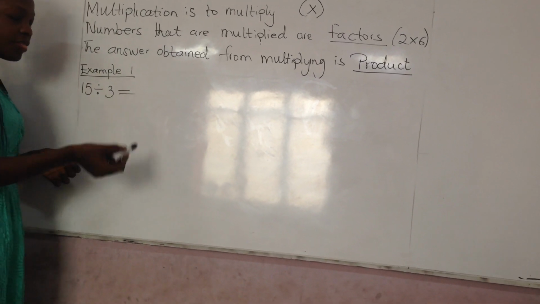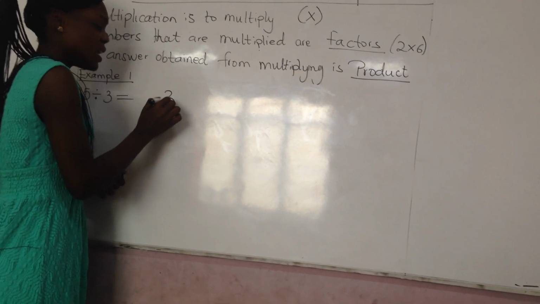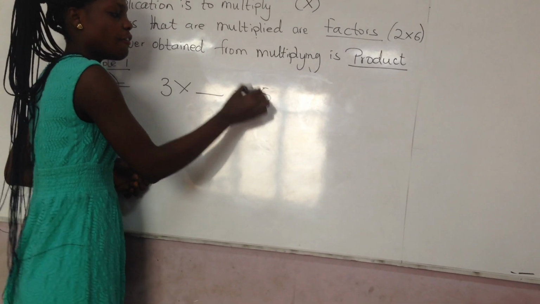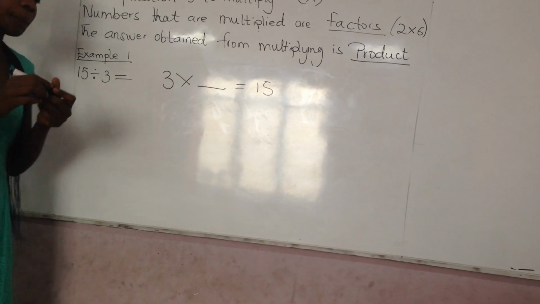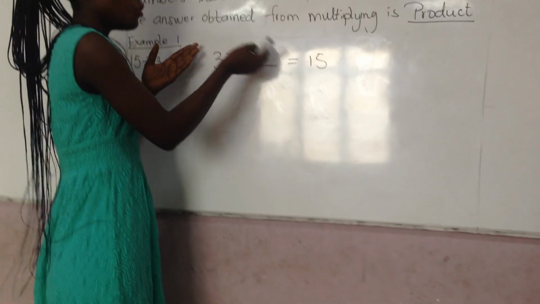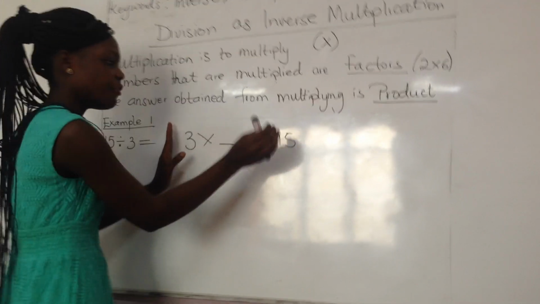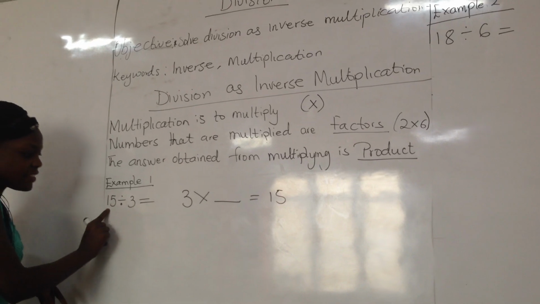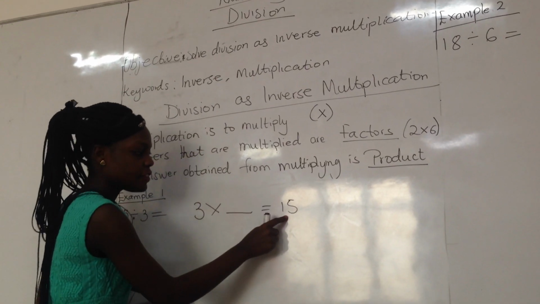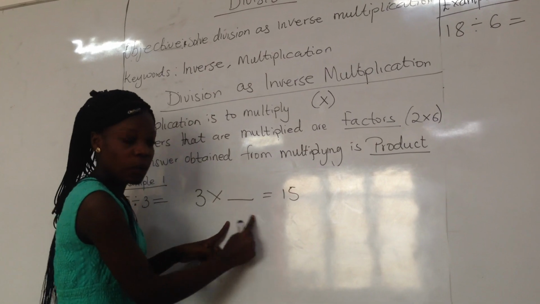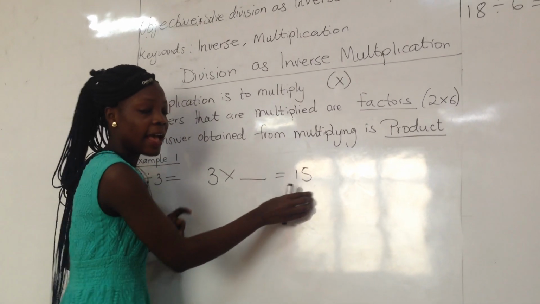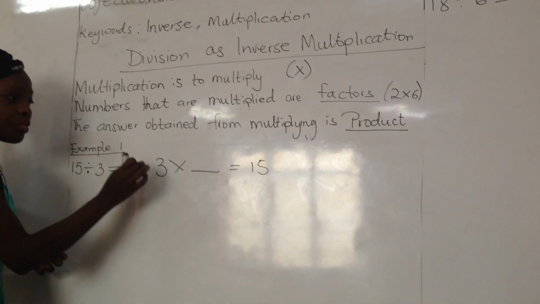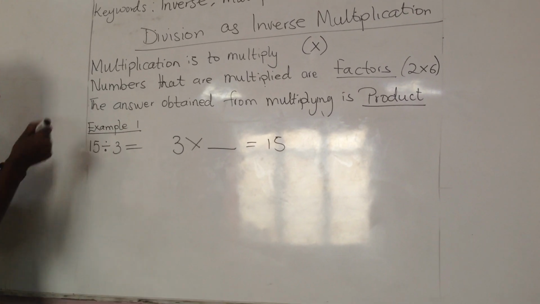So 15 divided by 3 will be 3 times blank equals 15. Three times something will give you 15. We don't know the something, so for us to get what we will multiply with 3, let's get the 15.